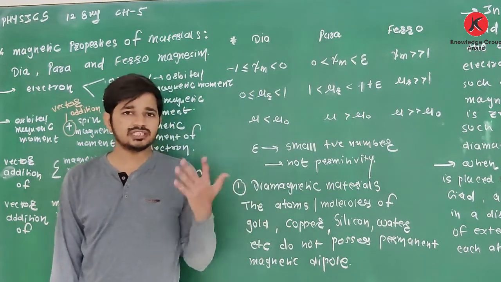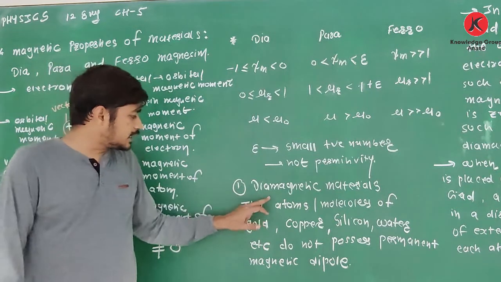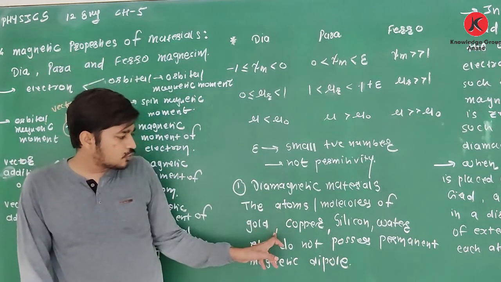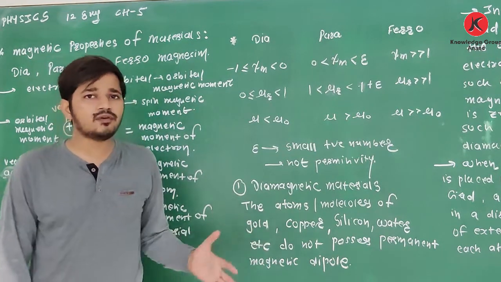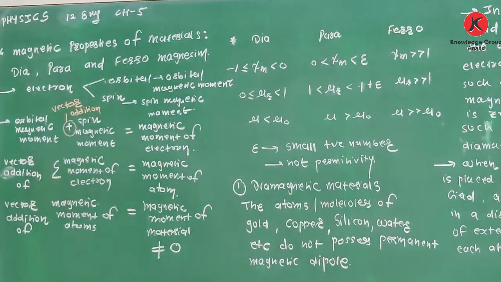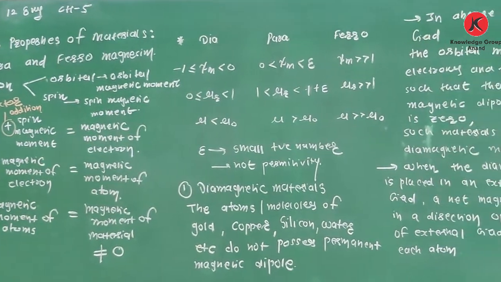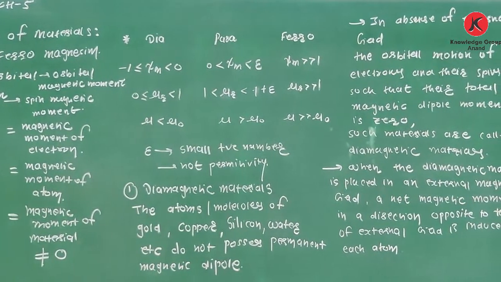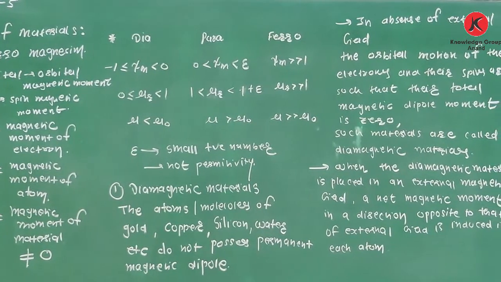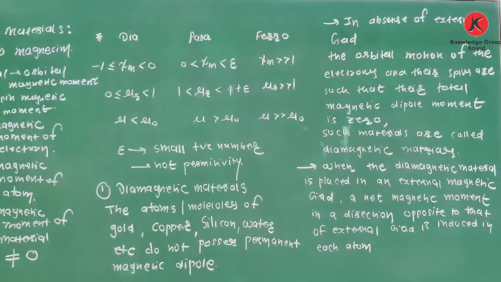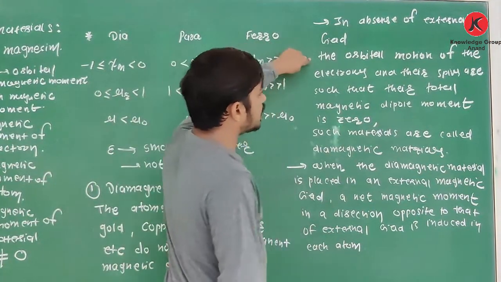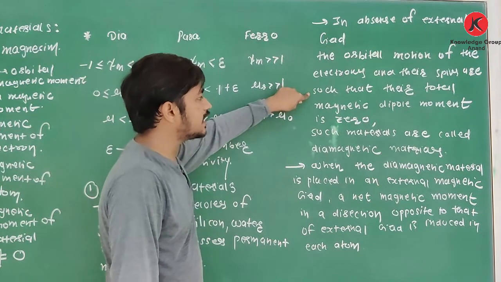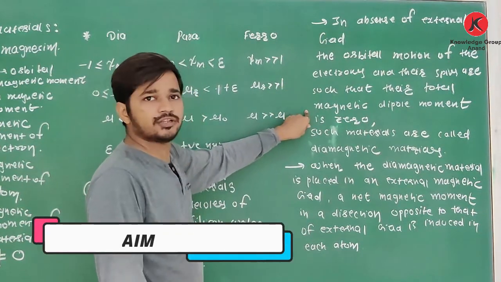Similar differences here. Diamagnetic materials, the atoms and molecules of gold, copper, silicon, water, etc., do not possess a permanent magnetic dipole. What is the reason? In the absence of an external magnetic field, the orbital motion of electrons and their spins are such that the total magnetic dipole moment is 0.